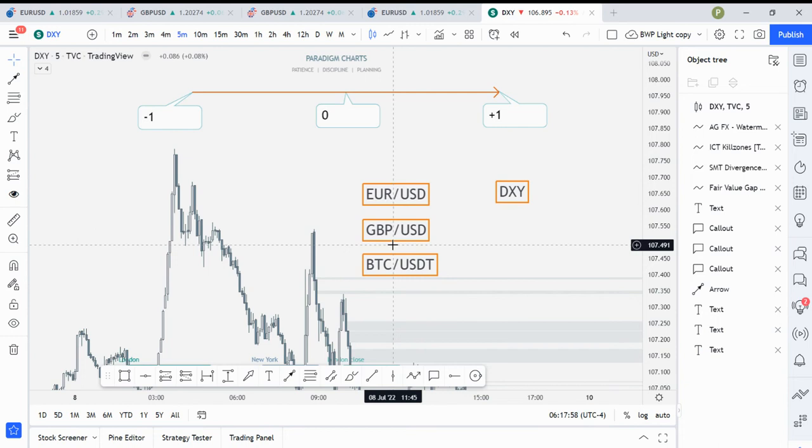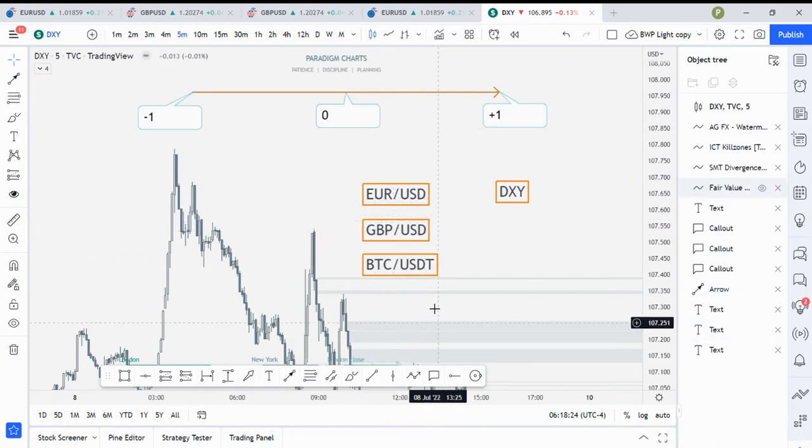For example, Euro USD and GBP USD, you will expect that they have a correlation of something around 0.7, 0.75. So you will expect that 70 to 75% of the time, whenever Euro USD goes up, GBP USD should go up.